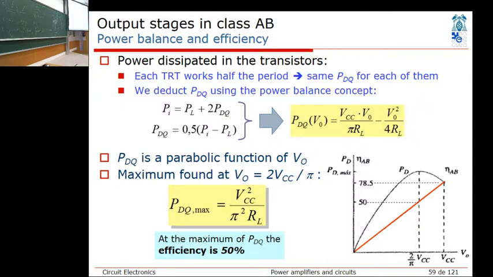Okay, so that gives you actually also a formula for the efficiency as a function of V0, minus V0 squared divided by 4RL. Okay, and that's a parabolic function of the input signal, and that's actually how it looks like. If we have V0 equal 0, then we have 0 voltage, yes.